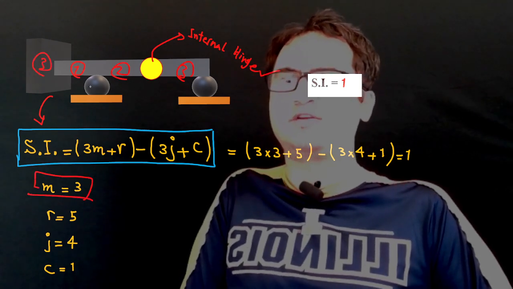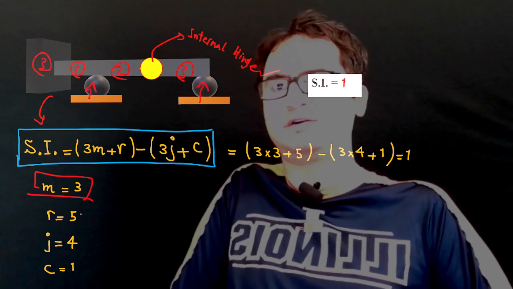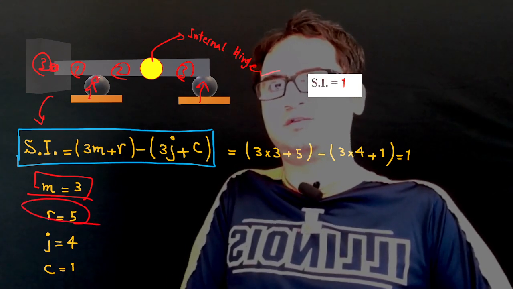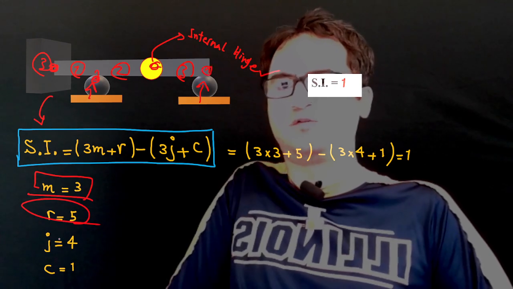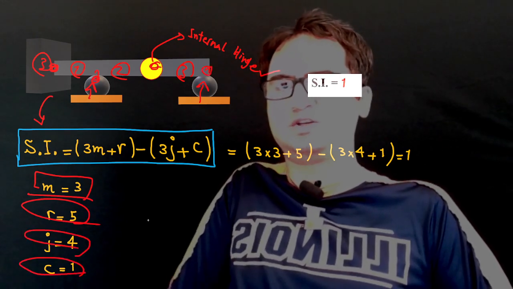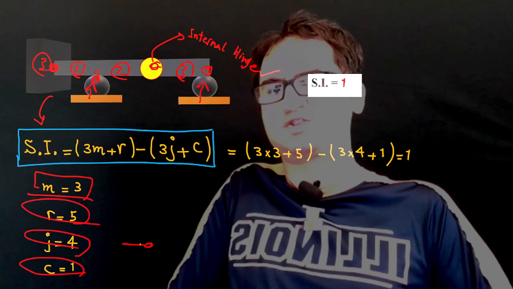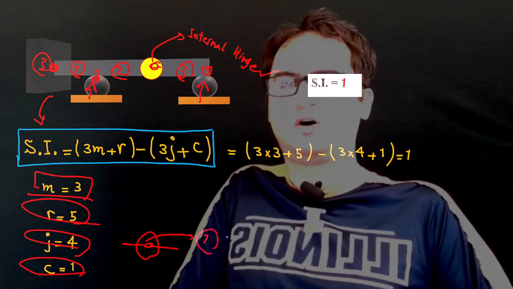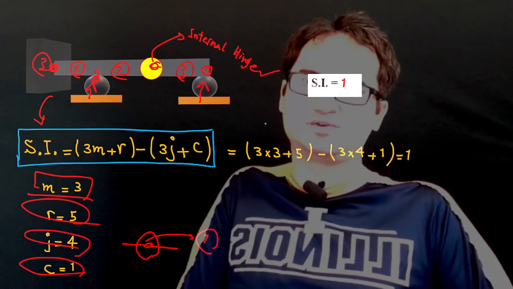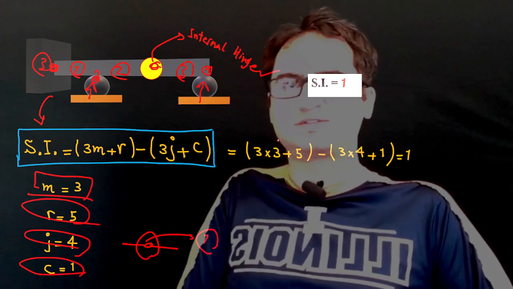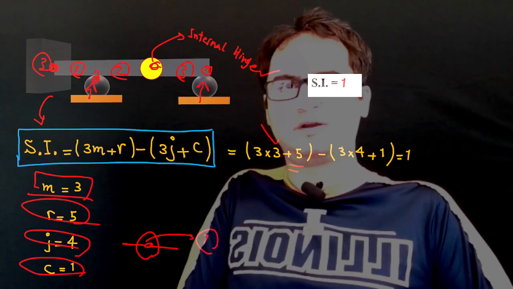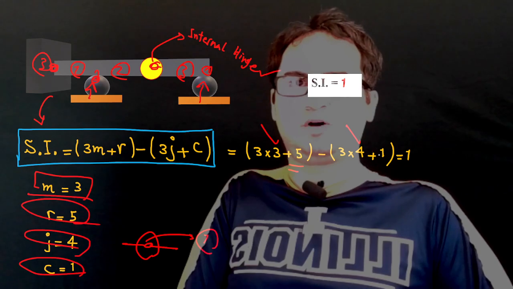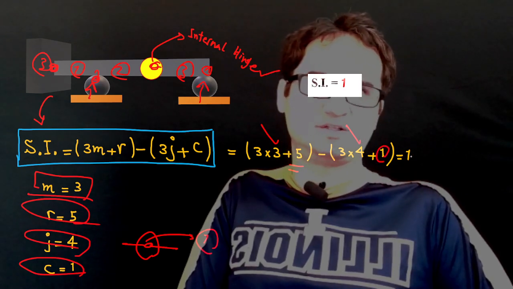Reactions are 5 here, and J is equal to 4, with joints 1, 2, 3, 4. And for special conditions, there is a hinge which connects the 2 parts, and it leads to 1 special condition. So 3 times the number of members plus reactions minus 3 times joints, which is 4, plus 1 special condition, is equal to 1.